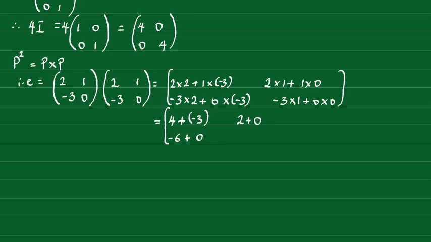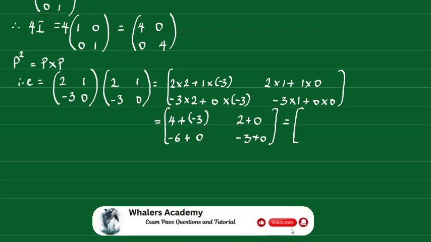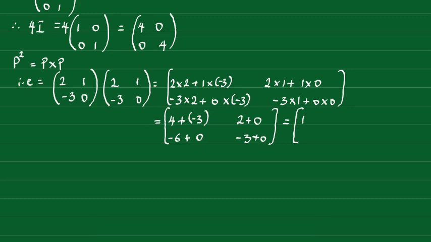Next, we have -3 times 1 gives us -3, and 0 times 0 obviously gives us 0, so we just put plus 0 there. Now this is equal to (4 plus -3, which is 1; 2 plus 0 gives us a 2; -6 plus 0, we have -6; -3 plus 0 obviously gives us a -3).